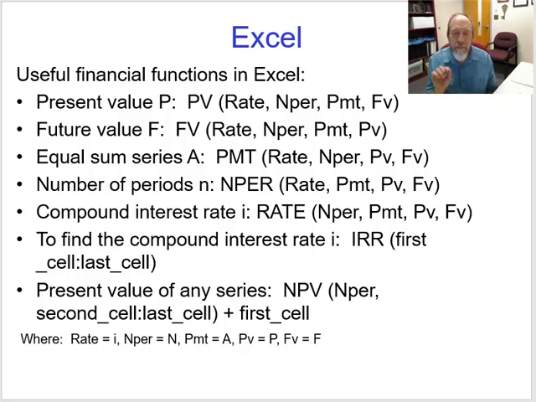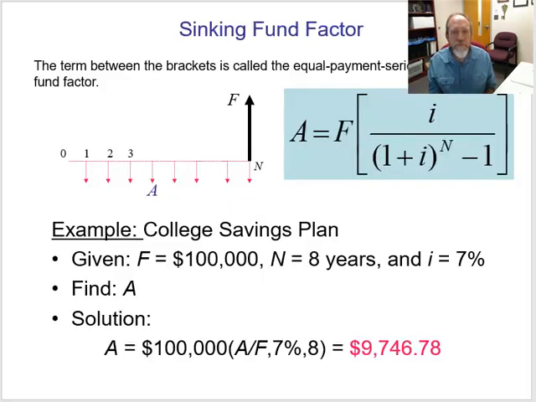Again, more important is that you understand how these things work and what you are actually doing. You're finding equivalencies. You're finding that an amount, or a series of payments, can be equivalent to a value at the beginning of a period or at the end of a period. They're the same based on an interest rate.